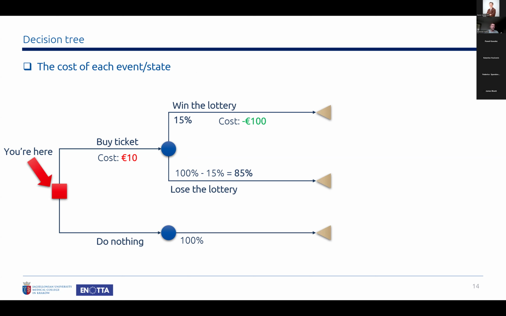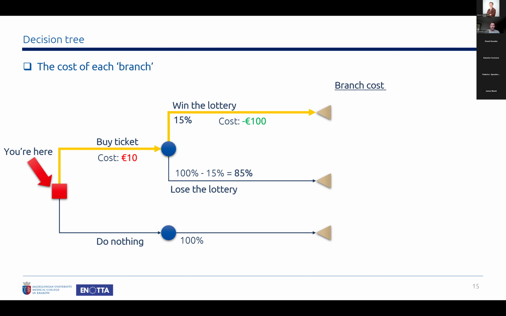So the price is shown as a negative cost to indicate that this money is gained. In other words, the price has a different direction flow than the cost of the ticket. The price is going into our wallets, the cost of the ticket is going out from our wallets.